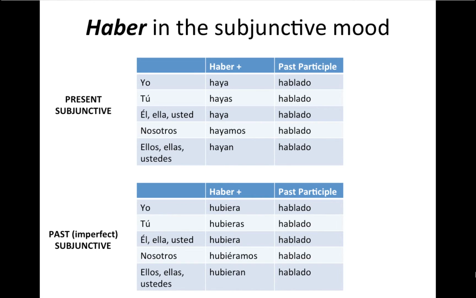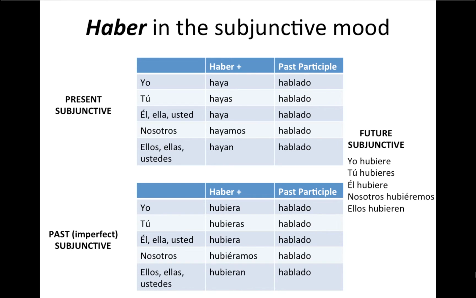The past or the imperfect subjunctive is as follows. Yo hubiera hablado, tú hubieras hablado, él, ella, usted hubiera hablado, nosotros hubiéramos hablado, ellos, ellas, ustedes hubieran hablado. The future subjunctive is no longer in use.